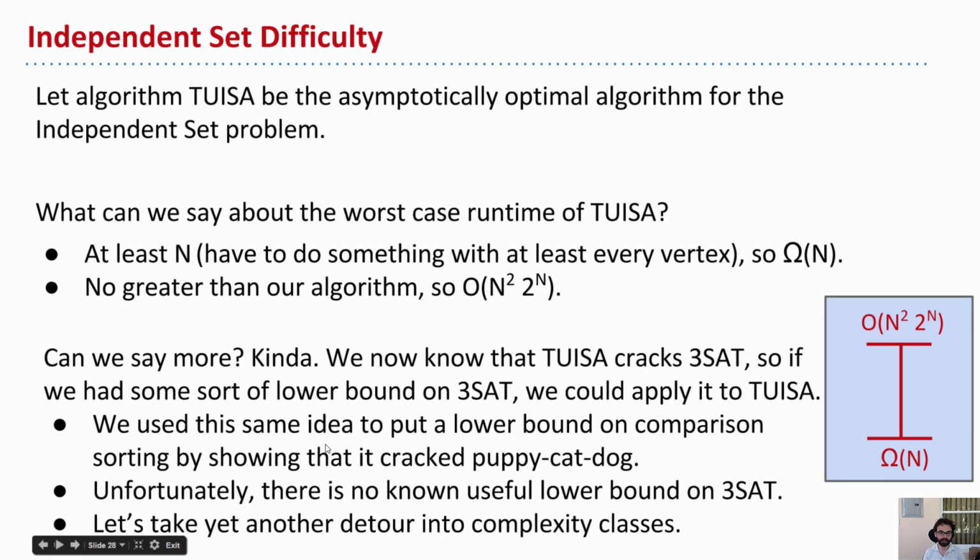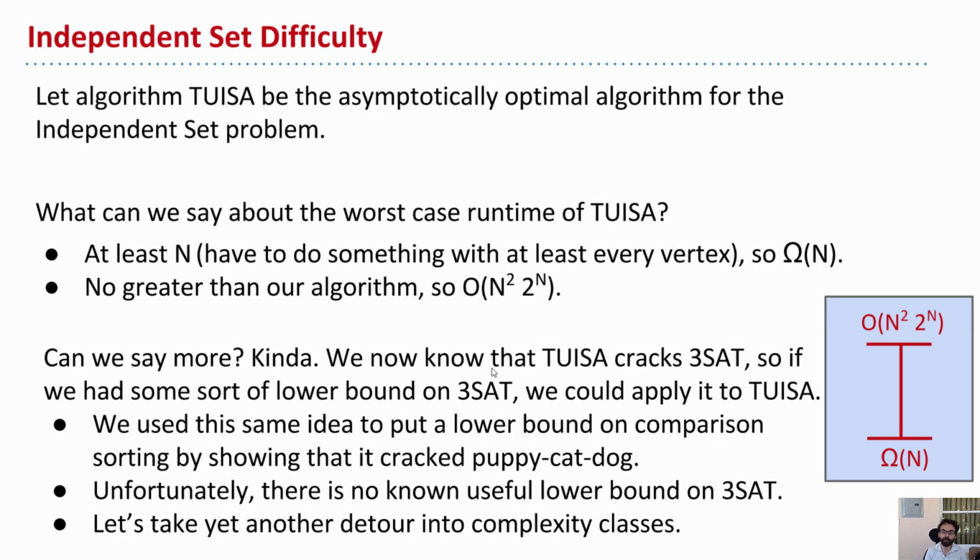So if somehow we had a lower bound on 3-SAT, we could apply it to independent set, right? We could say there's no way to do independent set any faster, because that's just the rules. Like, if 3-SAT fundamentally takes bleep blorp work, well then independent set needs to take at least bleep blorp work if it can solve 3-SAT. And so it's basically the same thing we did with comparison sorting and puppy cat dog.